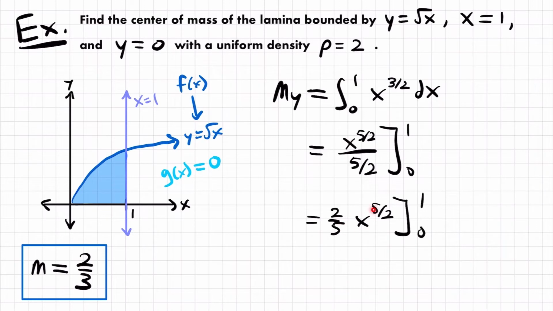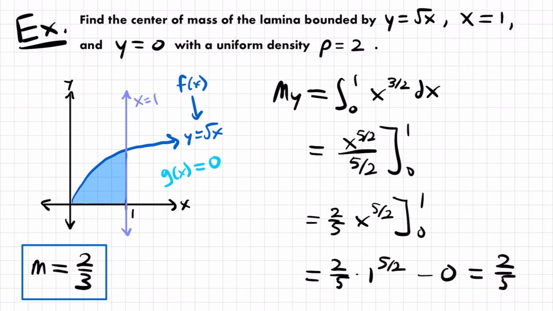And so now we can evaluate this at 1 and subtract the evaluation at 0. And this will be equal to 2/5 times 1 to the 5/2 power minus 0, because once again, plugging 0 into this expression is just going to produce 0. All right, and then 1 to the 5/2 power is just 1, so we have 1 times 2/5, which is equal to 2/5.